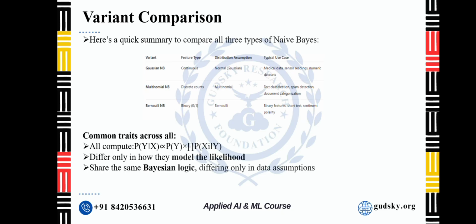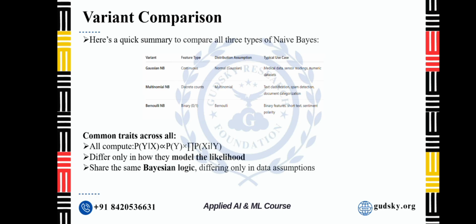Multinomial naive Bayes is for count-based data, like text classification and document categorization, where features are word frequencies. And Bernoulli naive Bayes is for binary data, like SMS spam and short text classification, so features are 0 and 1 here.